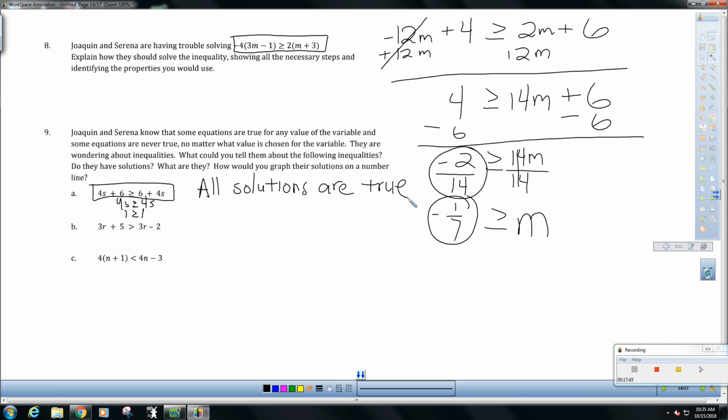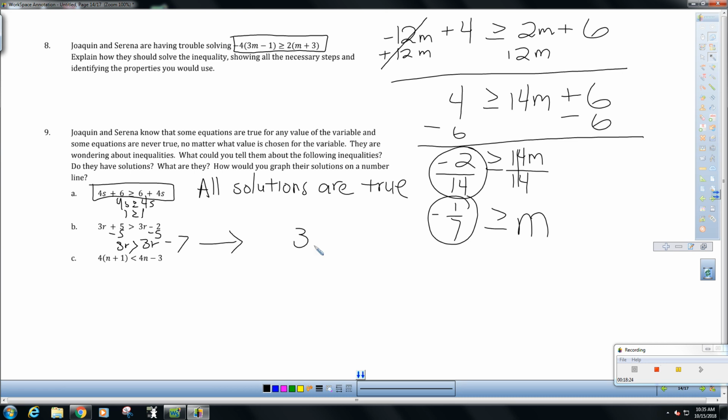Let's see. Now this one we can just solve for maybe. So let's subtract 5 from both sides. And you get 3r is greater than 3r minus 7.